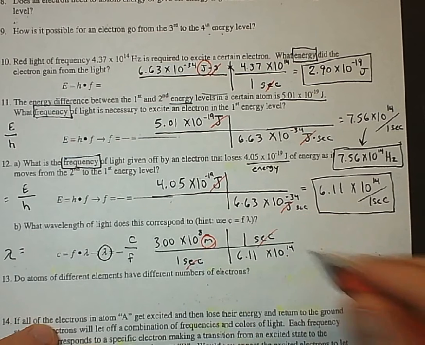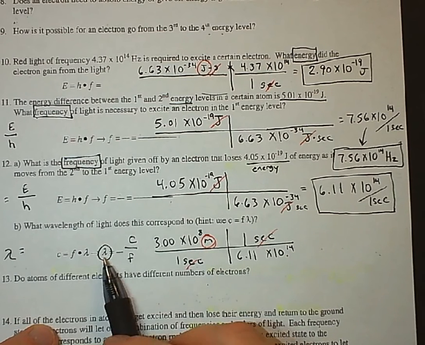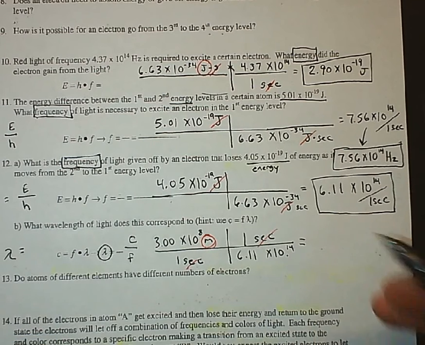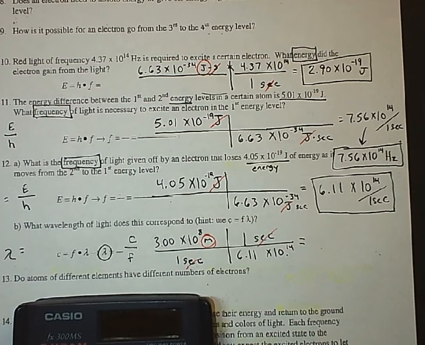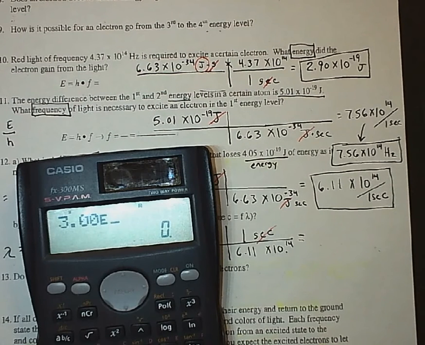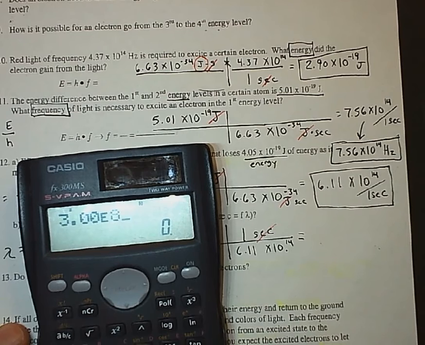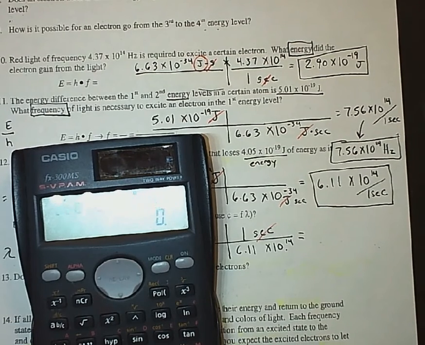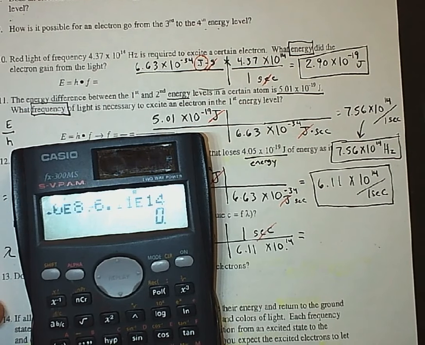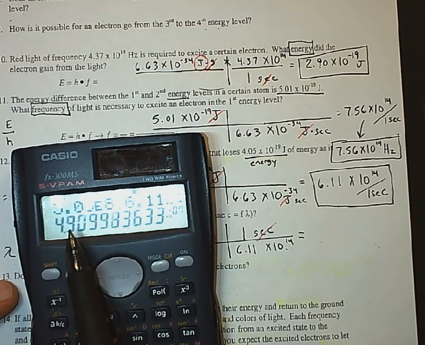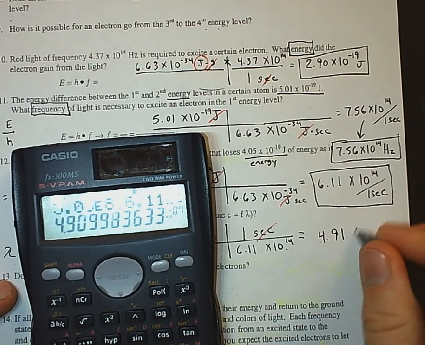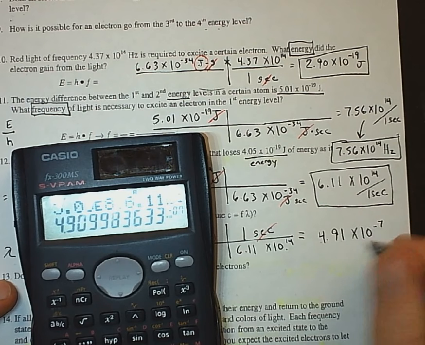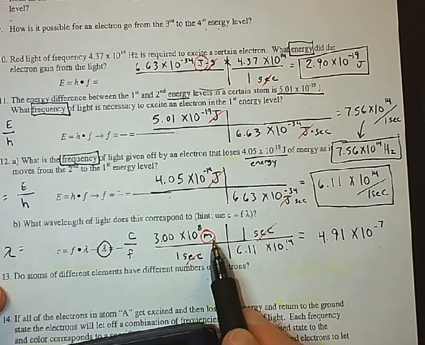And that's what we measure wavelength in, lambda. So 3.00 exponent 8 divided by 6.11 exponent 14. We get 4.909, or 4.91 times 10 to the negative 7th. The unit that we're left with is meters.